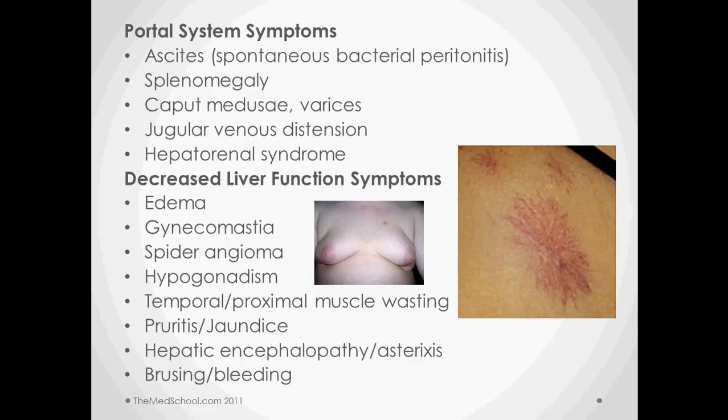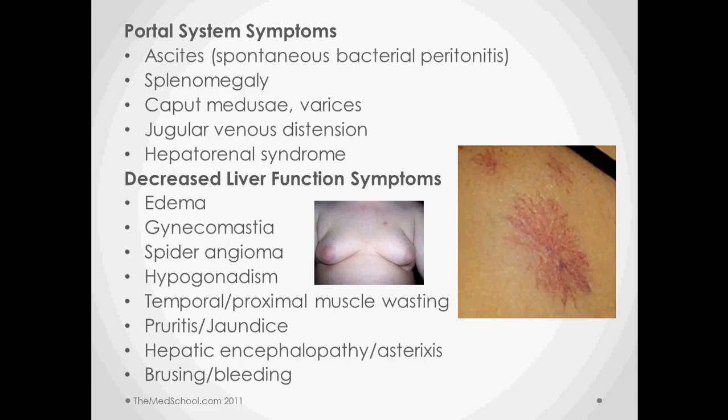Gynecomastia and spider angiomas, as well as hypogonadism, are all related to a functional decrease in the amount of male hormone, or an increase in estrogen. And so you get gynecomastia, spider angiomas, and hypogonadism.